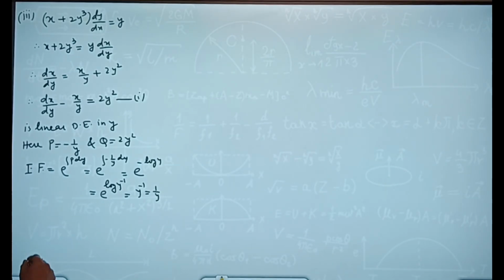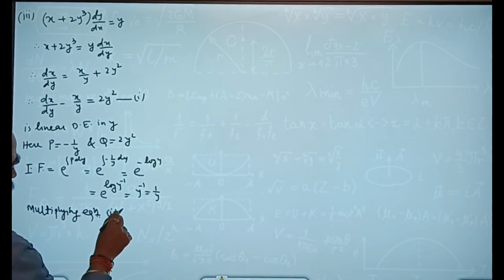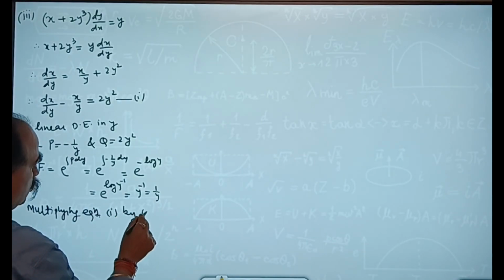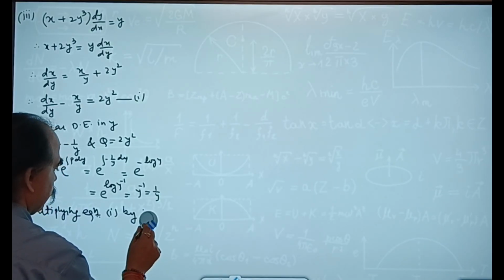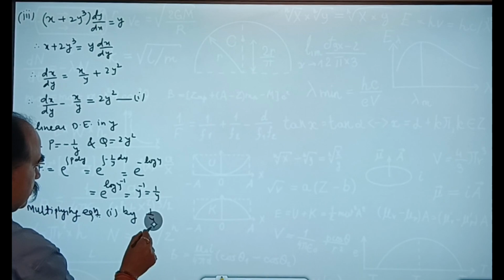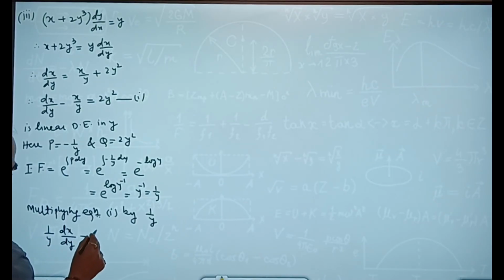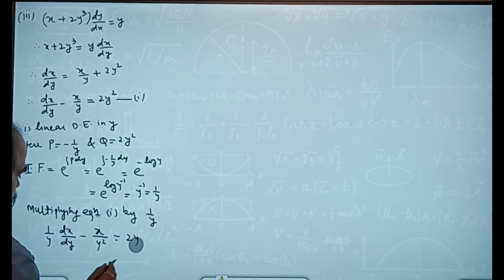Multiplying equation 1 by 1/y. So 1/y dx/dy − x/y² is equal to 2y.